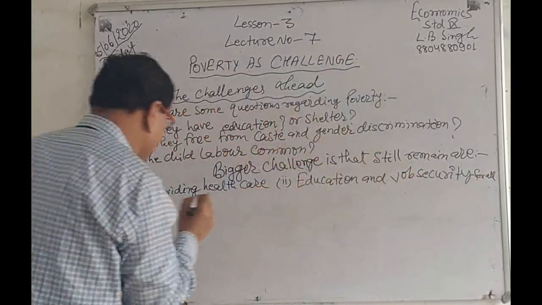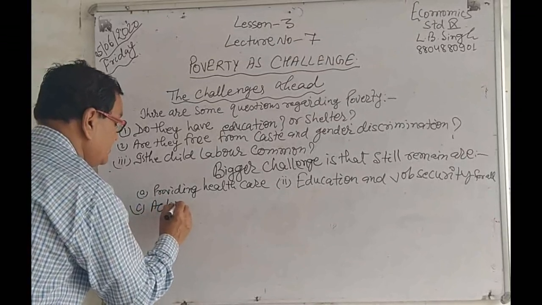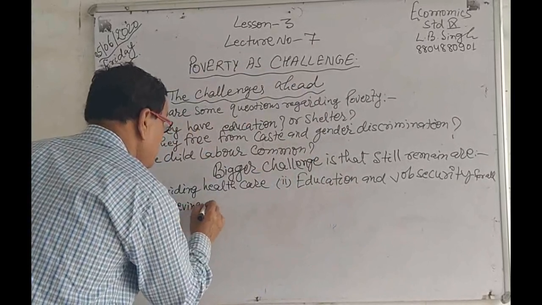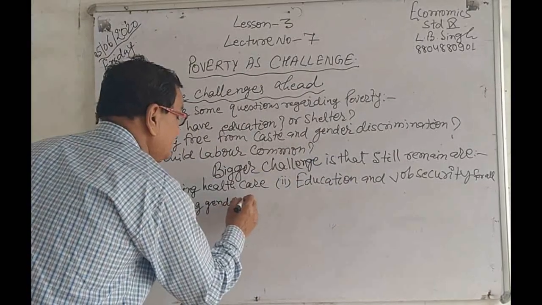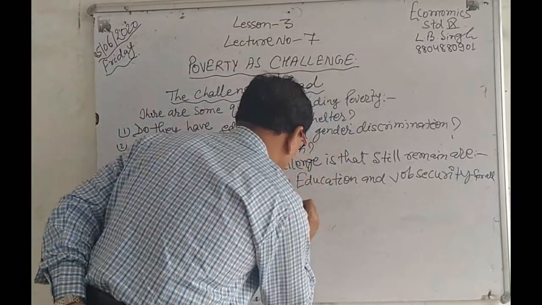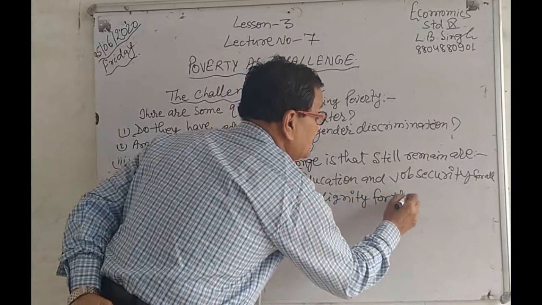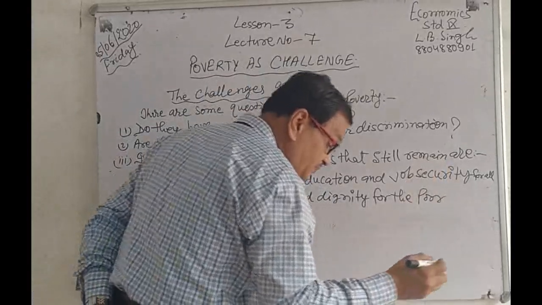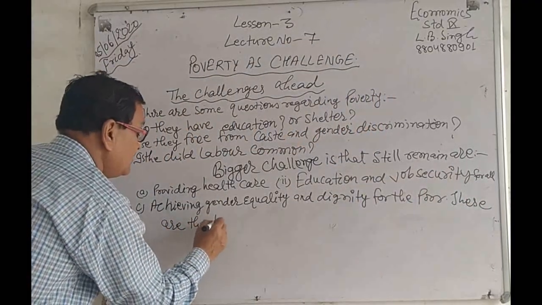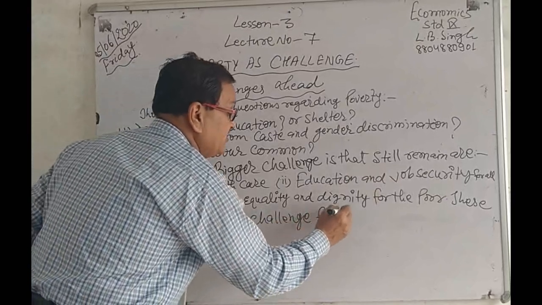Number three is achieving gender equality and dignity for the poor. So these are the bigger challenges for the government.